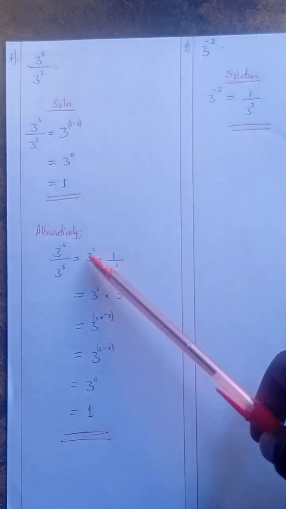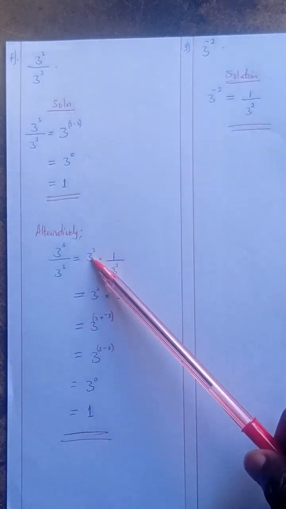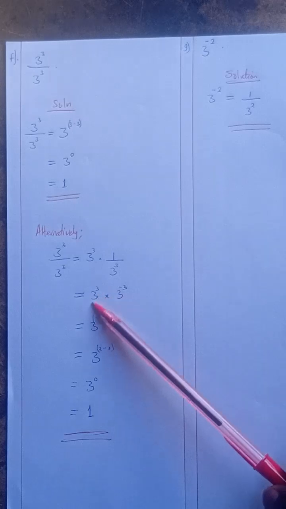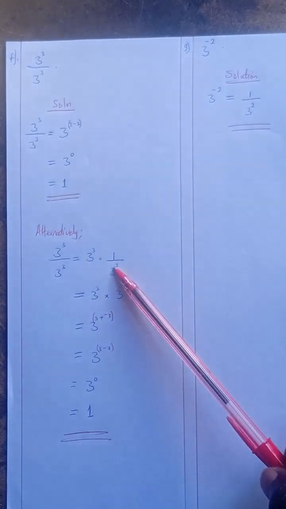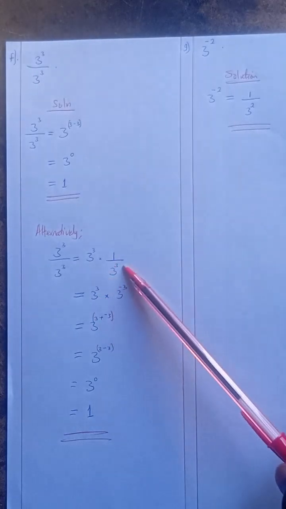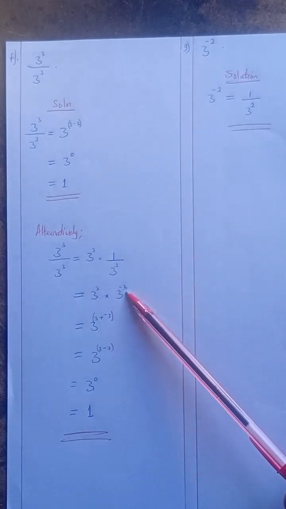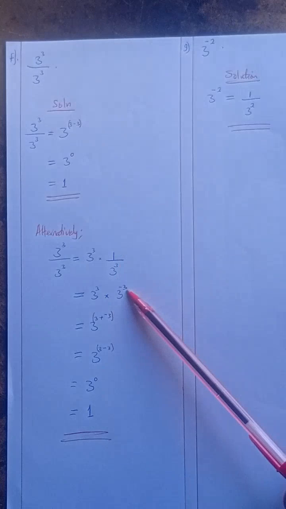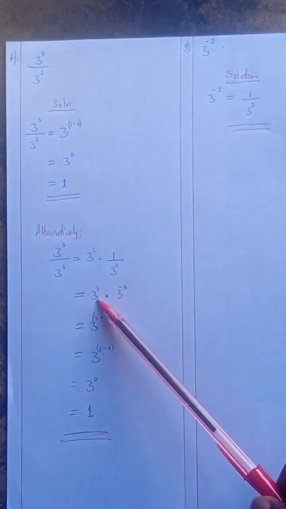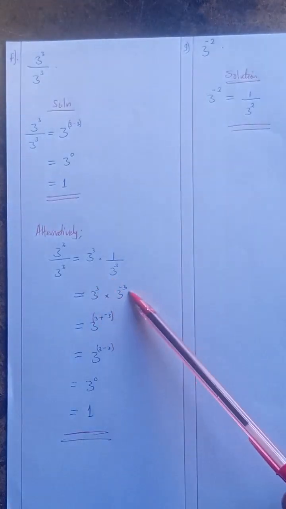So it is the numerator times 1 out of the denominator. In the next step, we maintain the 3 to power 3. Then for the other one, we take the denominator up. Since here we have 3 to power 3, when we take it up, it will be 3 to power negative 3. Now, since the bases are the same and we are multiplying them, we simply add the powers.